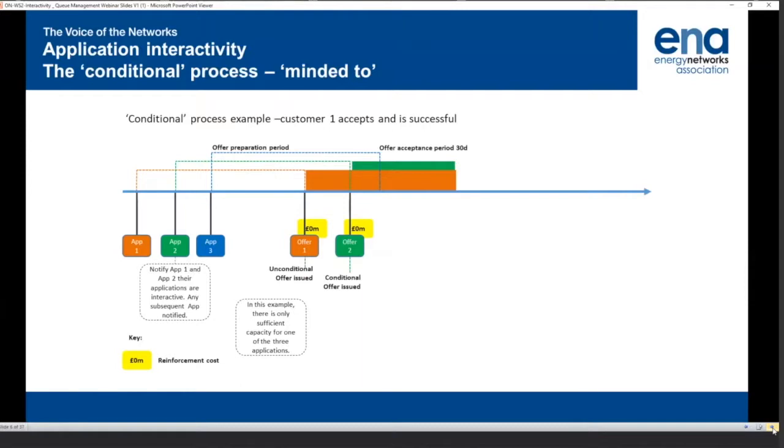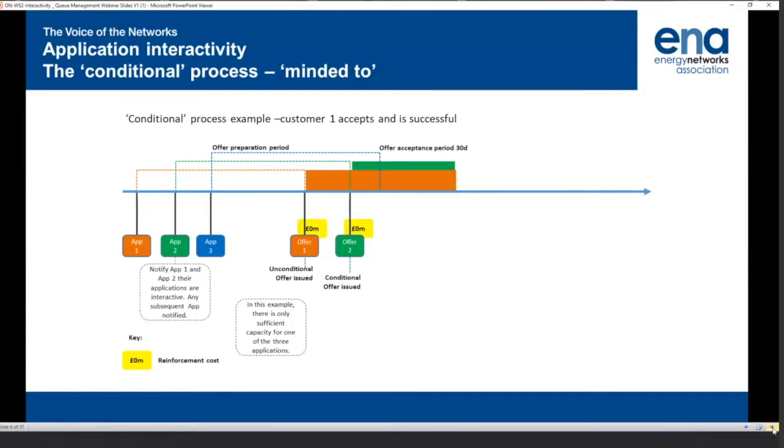Okay, thanks, Michael. Great. So we've then got offer 2 being issued shortly after offer 1. Again, £0 for reinforcement, but it's classified as a conditional offer, basically conditional on the outcome of offer 1.